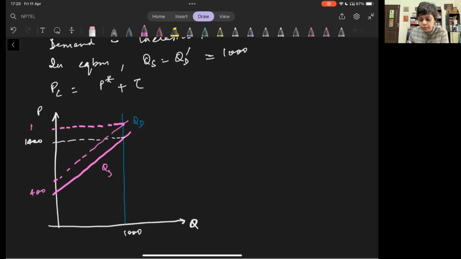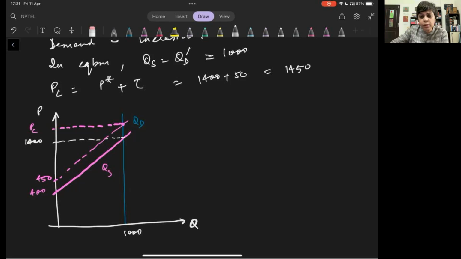This is the price the consumer is going to pay. I hope I'm making sense. So basically PC you can see is nothing but P star plus tau. I'm not solving the whole thing, but you can see that this is P star plus tau, 1400 plus 50 is equal to 1450.